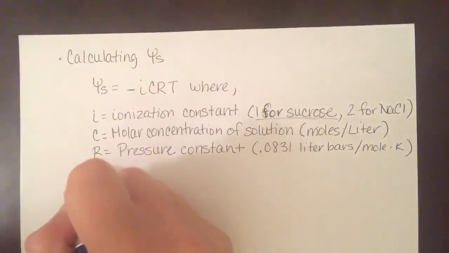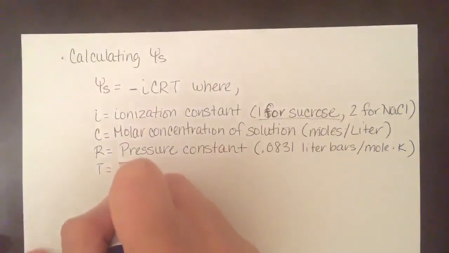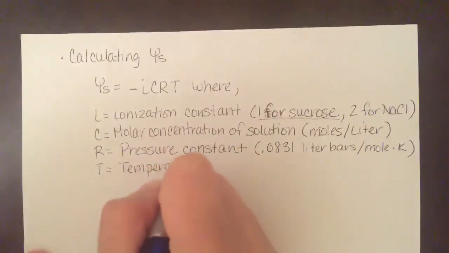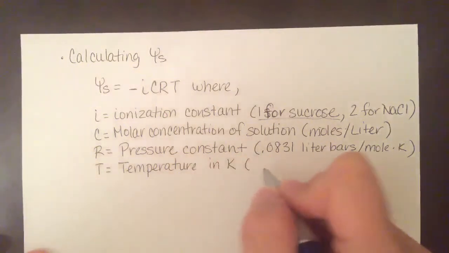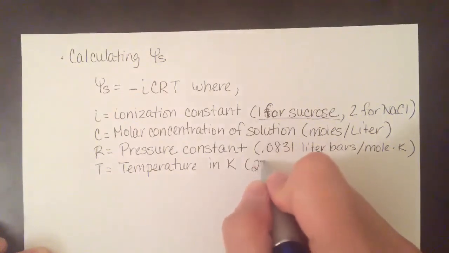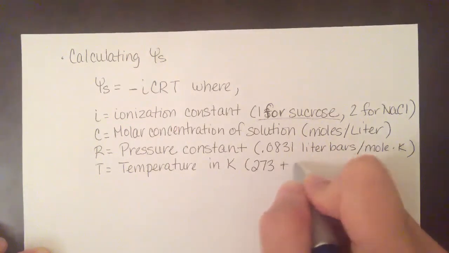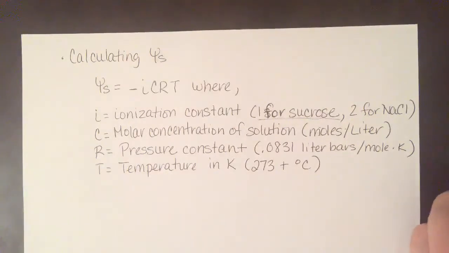I'm sure you remember that from chemistry. And then T is the temperature in Kelvin. How we get Kelvin, you probably remember, is 273 plus whatever the degrees Celsius is. So you add 273 to that.